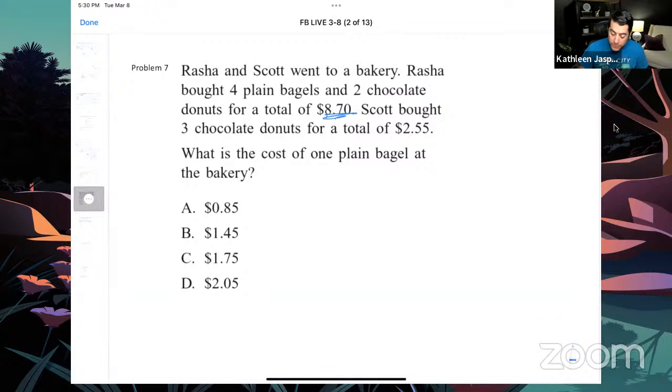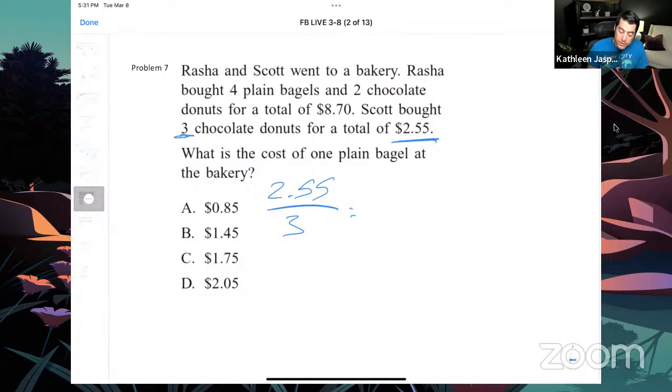But I don't have enough information there to extract the price of a bagel. Then it says Scott bought 3 chocolate donuts for a total of $2.55. What is the cost? Well, if I paid $2.55 for 3 chocolate donuts, then let's go ahead and get the price of those donuts that are individual.